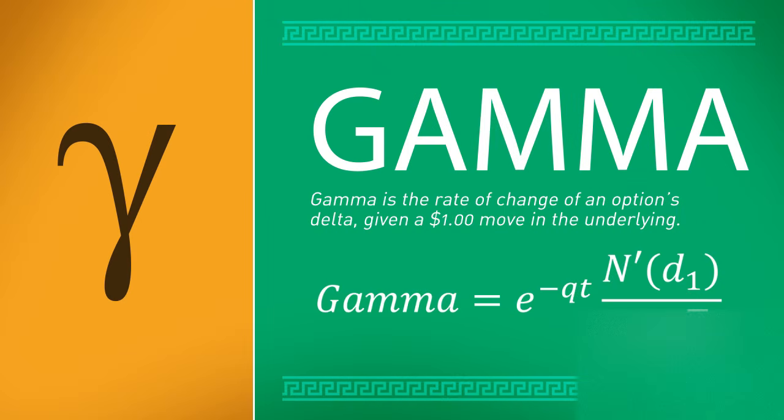So effectively, what it tries to measure is the change of a change. In a more specific sense, it measures how delta changes, because remember guys, delta is the first derivative of the Black-Scholes option pricing model with respect to price. So gamma is the change of delta.